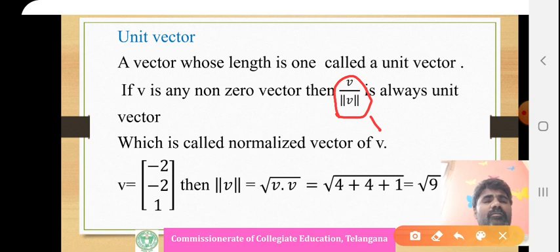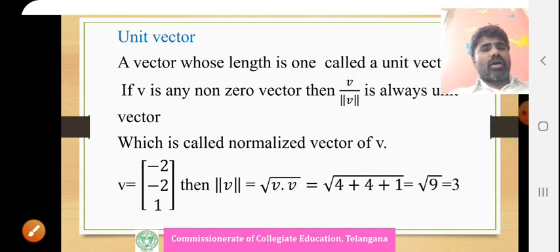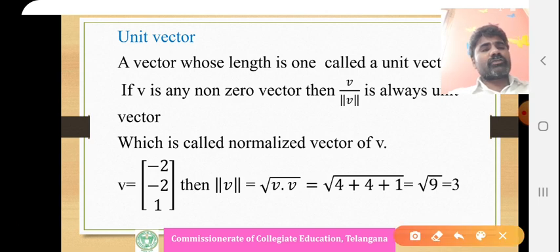Now let us take one example. v equals minus 2, 2, 1. This is one vector. Then norm v equals the square root of v dot v, that is the square root of minus 2 square is 4, 2 square is 4, and 1 square is 1. 4 plus 4 plus 1 is 9, and the square root of 9 is 3.